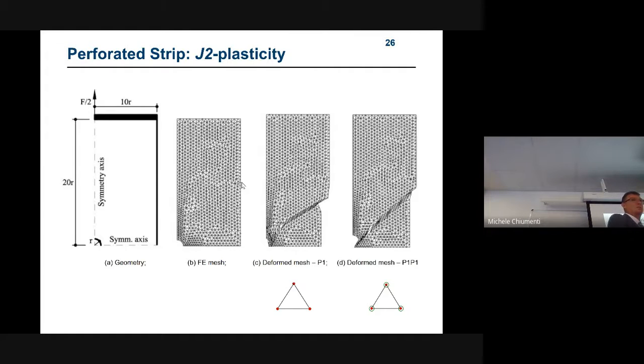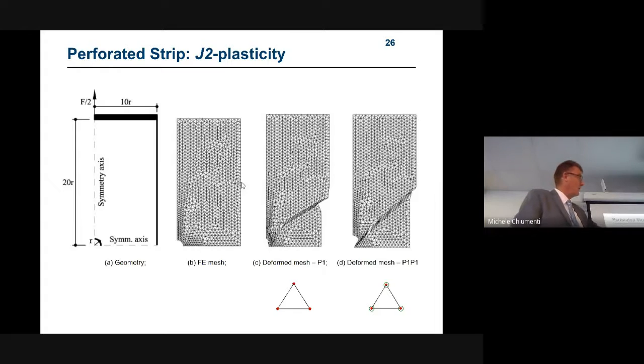Rubbish. Why? Because the solution is going through the bias of the mesh. In this case the mesh is unstructured, but it always has some kind of structuring, typically 30 degrees, because the mesh generator tends to generate equilateral elements. So the solution is rubbish. The second plot is what you obtain using a UP formulation, a mixed formulation.